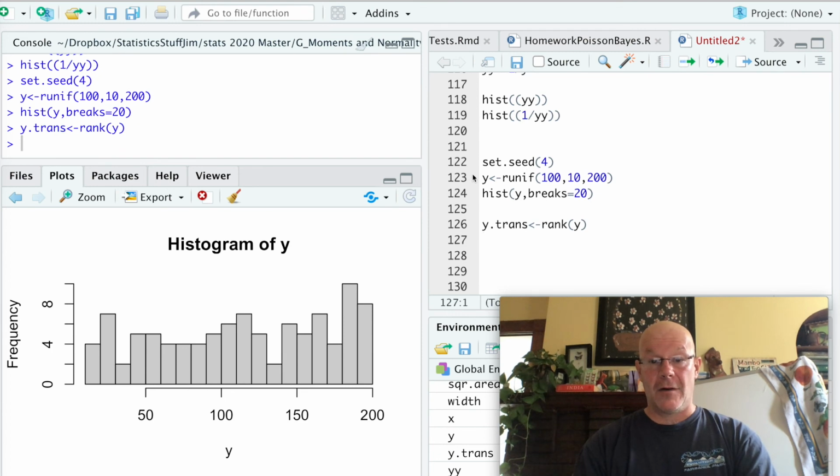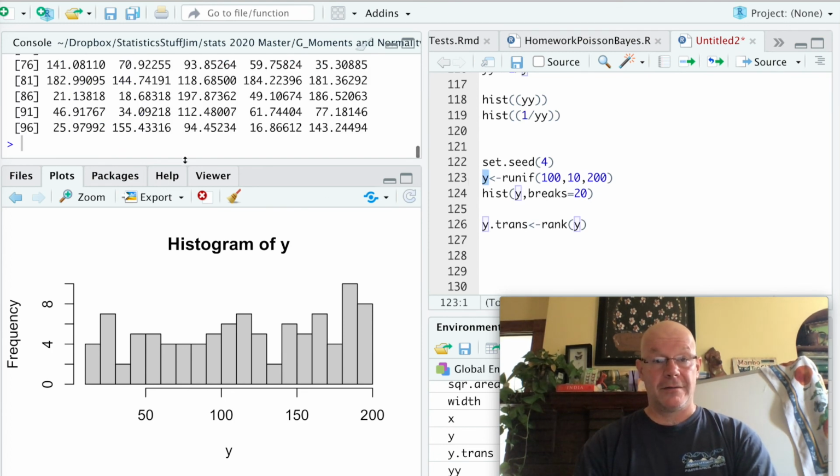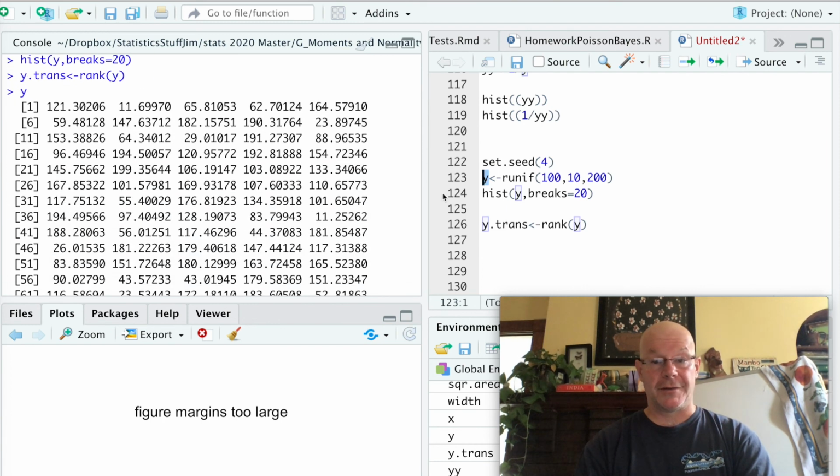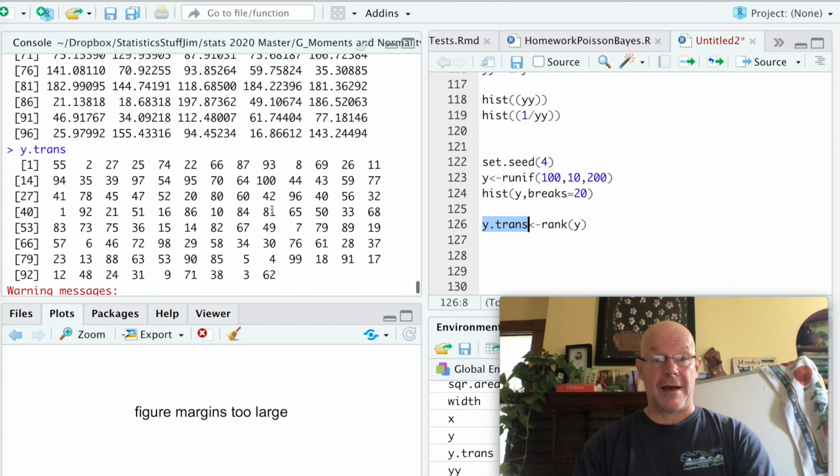Now our original data, if you look here, we have all these different values that were drawn, right? This is our original data. When I transform it, now it's just a bunch of ranks. And there's absolutely no way that I can go back to the original data. I know that this value is certainly greater than that value, and that corresponds to this and this.